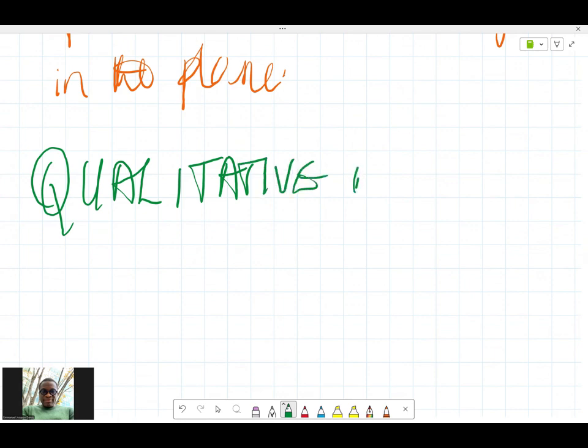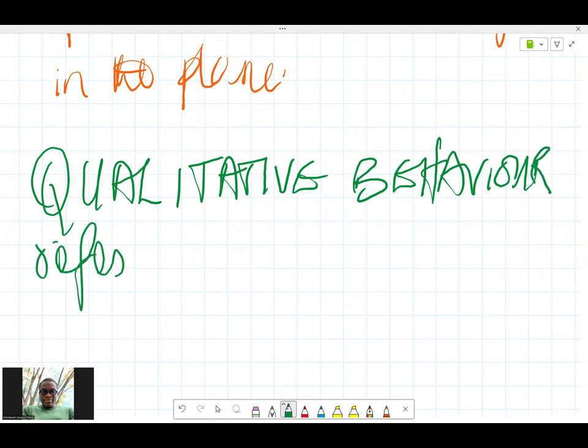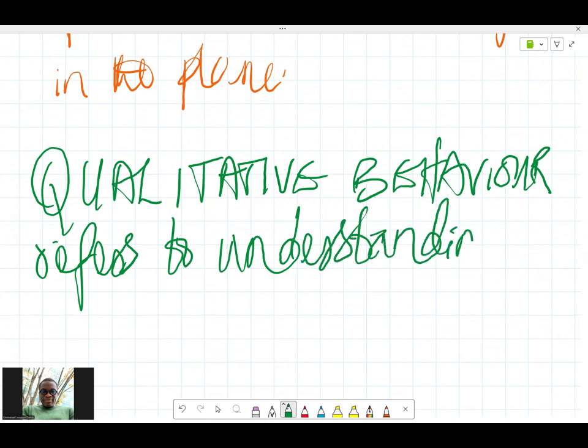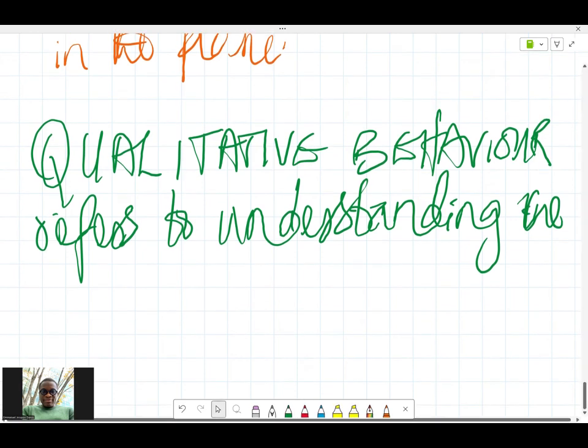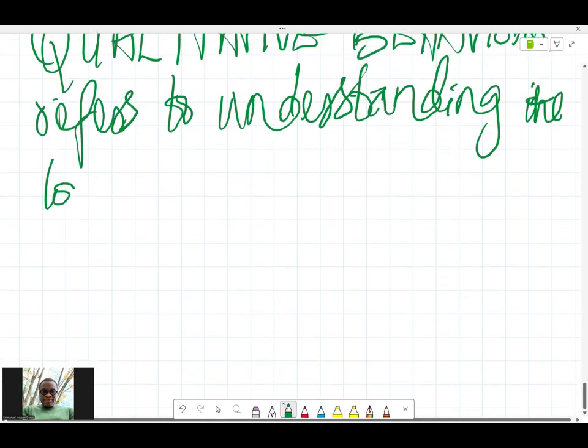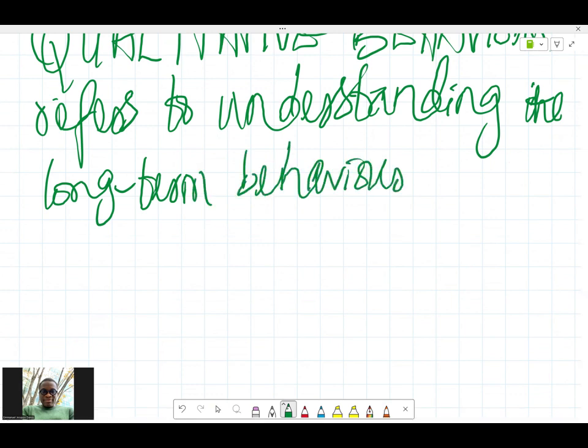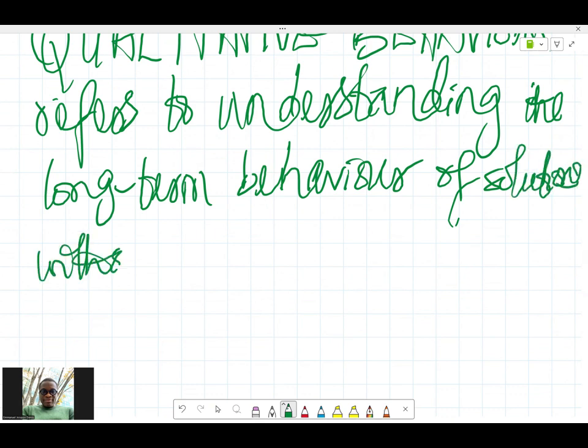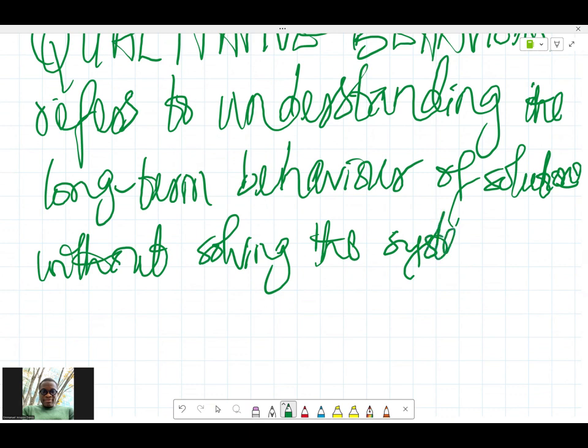Qualitative behavior refers to understanding the long-term behavior of solutions without solving the system explicitly.